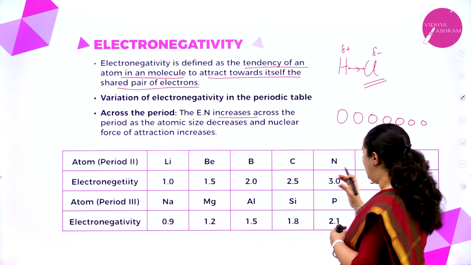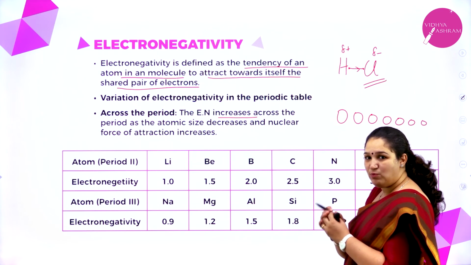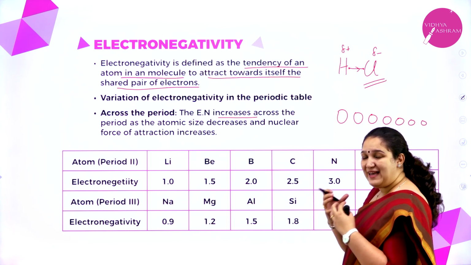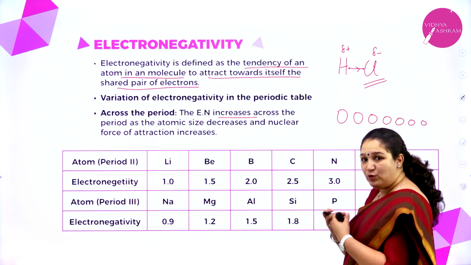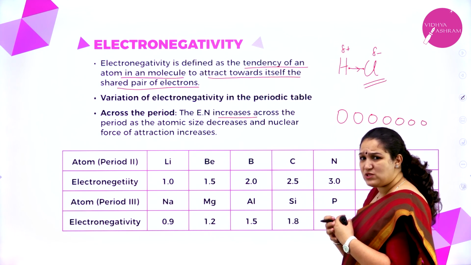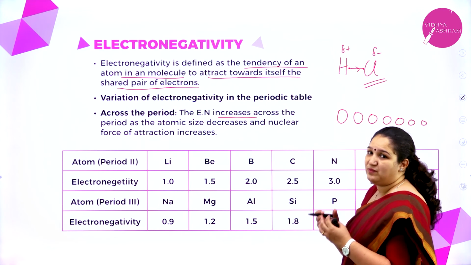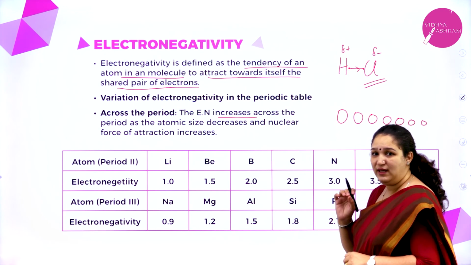So when the atomic size is very small, the shared pair of electron will experience more effective nuclear charge, or it is slightly pulled towards itself because the nucleus is very closer because of the size of the atom, isn't it? Due to which the electronegativity goes on increasing along the period.